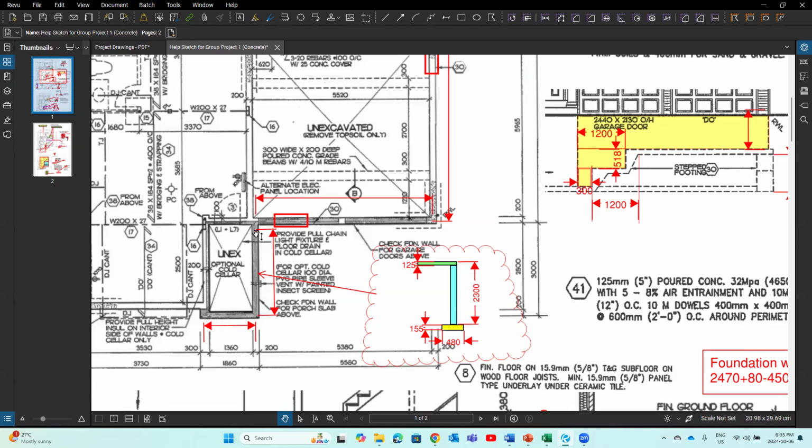Formwork for this one foundation wall, the length would be this, right? The height would be this. You take 2300, you subtract 125 at top, you get the height of this wall, sorry.